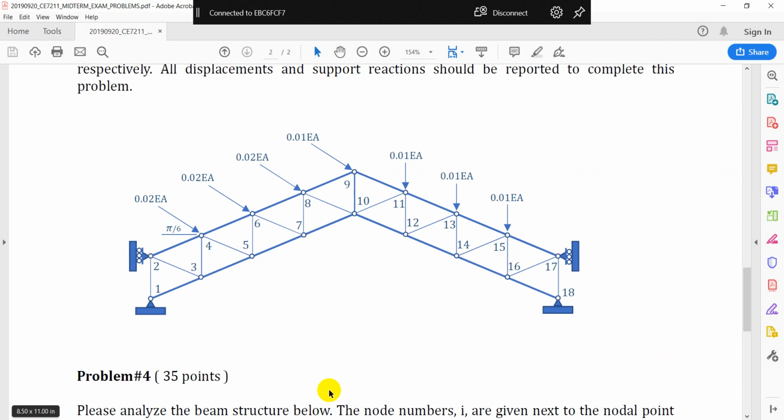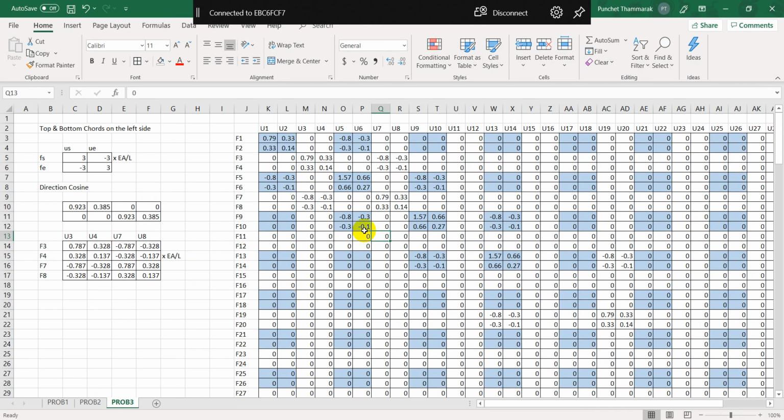Done with the first one. Then you move to this one, 7, 8, and what? 11, 12, right? 7, 8, 11, 12. Okay, so this is equal to 2 times this one.